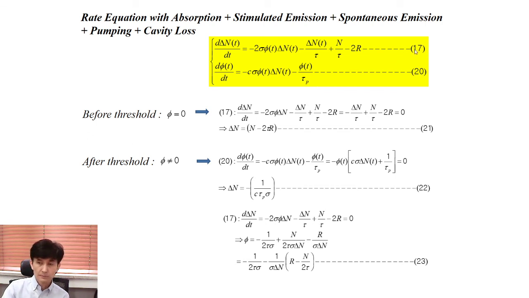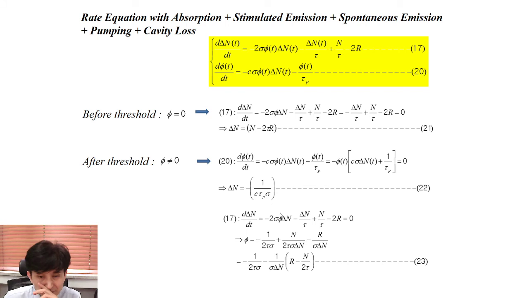Then by using these two equations we can consider before threshold, phi equals 0. From equation 17, phi is equal to 0 so we ignore this term, and from this being equal to 0 we have the relation for delta n. Delta n is n minus 2 tau r. It is the same as the previous equation because equation 17 is not modified at all. After threshold, when phi is not 0, it is modified, so we get a different result.